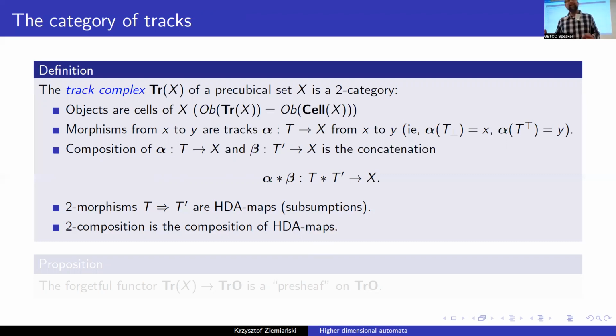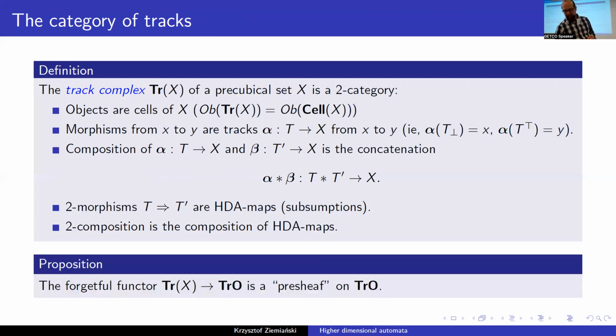You can concatenate these tracks together, and you have an extra two-category which is defined by subsumption or inclusion of one track to another track. And it gives you this track complex. It's not just a two-category, but in some sense a presheaf over this standard category of track objects.